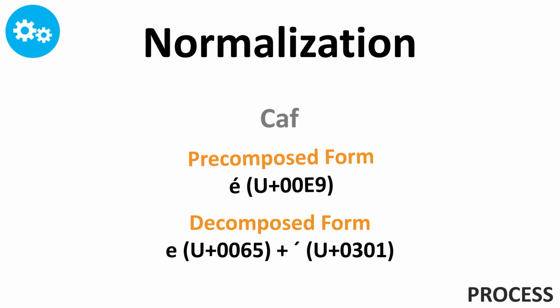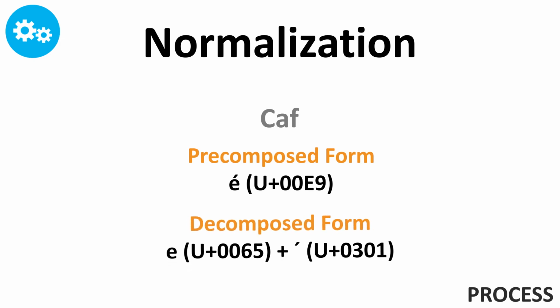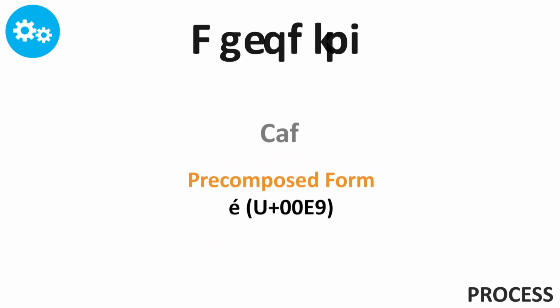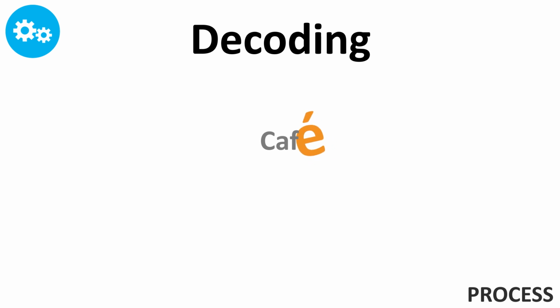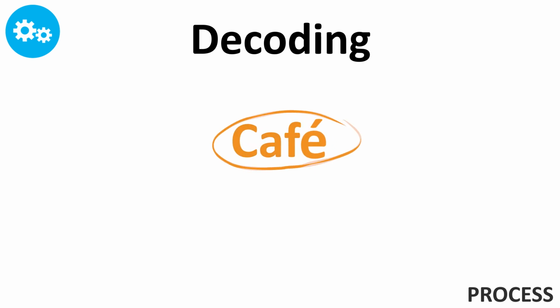In precomposed form, all constituent parts are understood as a single character, while in decomposed form, the character is understood as a sequence of its constituent parts. Successful processing also involves testing the decoding of data after it has been stored, making sure that the characters are being correctly interpreted and are output as they were intended.